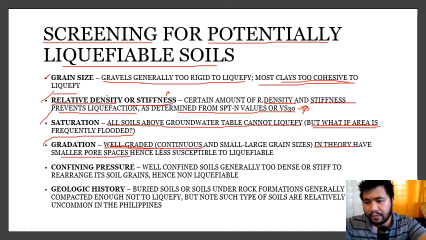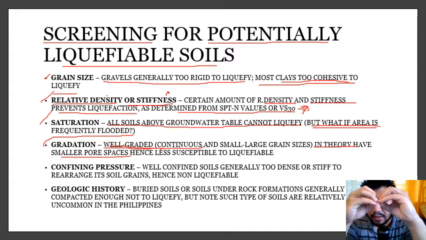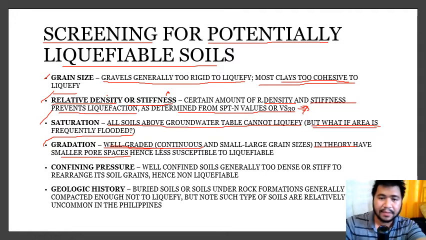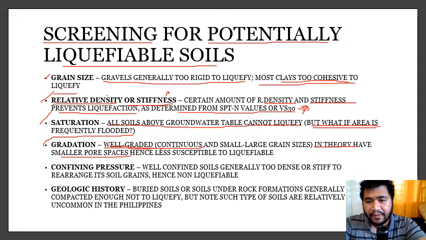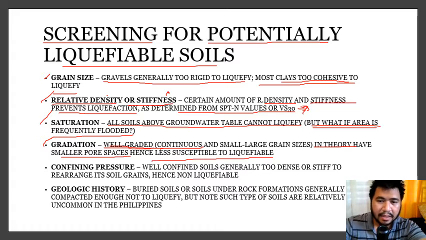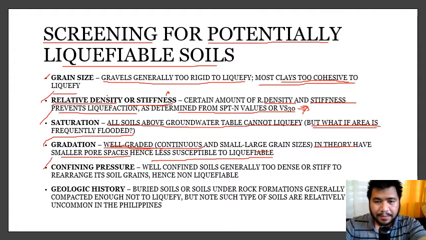If you have big grains, whatever space is in between them can be easily filled up by your medium or smaller sized grains. So we have fewer and smaller pore spaces, and generally your soil grains cannot really move around during an earthquake, so they're less susceptible to liquefaction. Confining pressure.